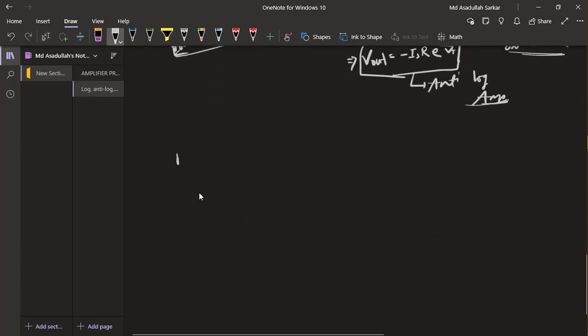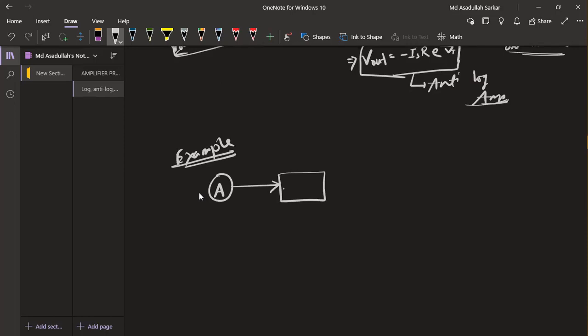For example, suppose a question is given where we have to find a power 1 by 5 for an input a. What do we do to get the value of a power 1 by 5? It's pretty easy. For input a, we first use a logarithmic amplifier.